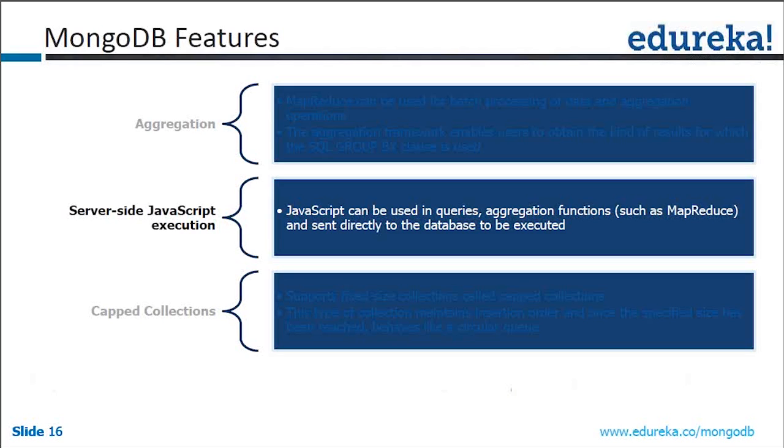Correct? So it has got map functions and reduce functions. You can run those. We call it server-side JavaScript. The moment you run those, your map functions run first, and then the temporary result you can pass on to the reduce function, and you can reduce the result. That is the way.